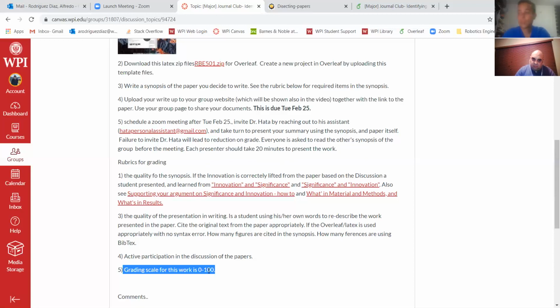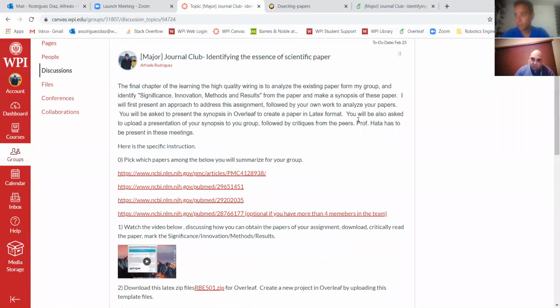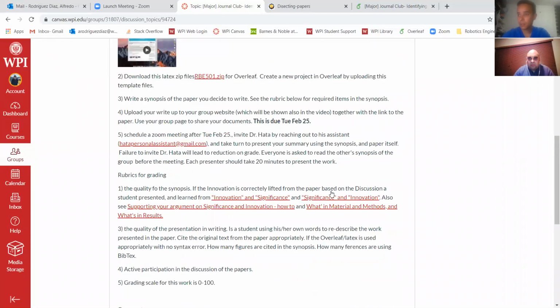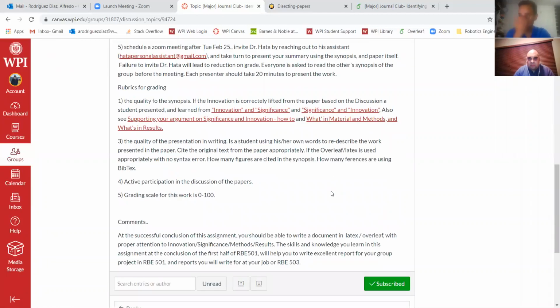So this is very important, and it is stated up here that he's saying to critically read the paper. Seems like he's expecting us to use all of the tools he has shown us to get good ratings.